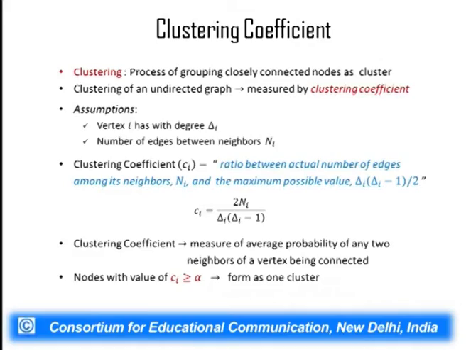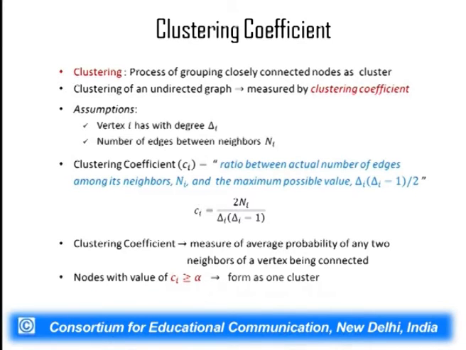Clustering of an undirected graph is always measured by the parameter clustering coefficient, given by the equation you can see. Ci is the clustering coefficient of the ith node. It is found as 2Ni over delta i times (delta i minus 1), where Ni is the size of the neighborhood of node i, and delta signifies the degree of that particular node.